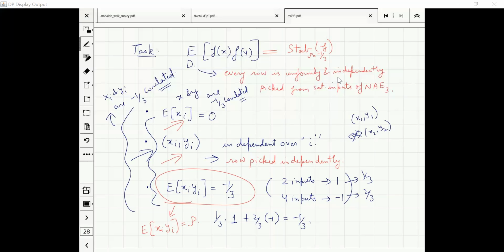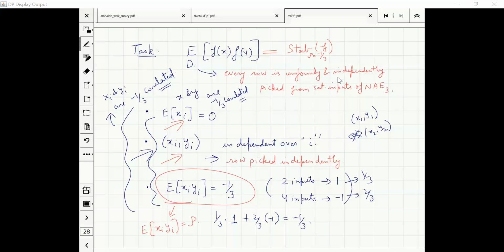So can we generalize it to any n? See, for generalizing to any n, the only thing we need is that every row is independently picked. We don't have to worry about the third quantity. Suppose there was just one voter, n was equal to 1.